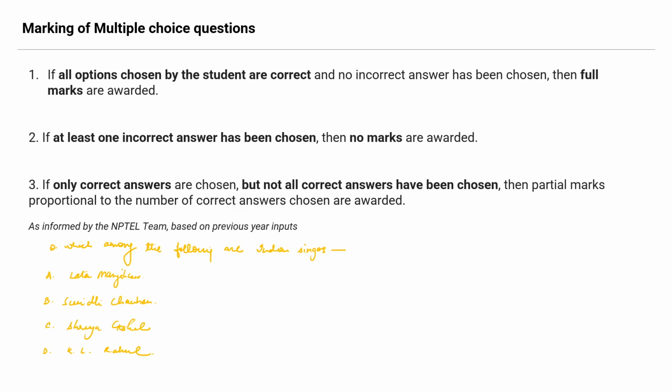The question is, which among the following are Indian singers? Now, this is a very basic question. It is not relevant to our week's content. It is mostly to help you understand the marking pattern. So the correct answer for this question would be A, B, and C. Indian singers are Lata Mangeshkar, Sunidhi Chauhan, and Shreya Ghoshal. KL Rahul is an Indian cricketer. He's not a singer, right?